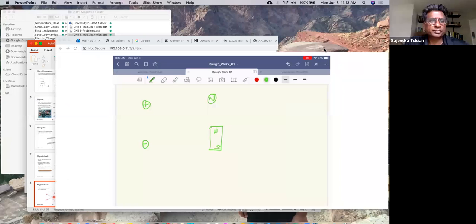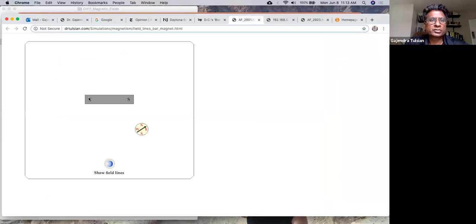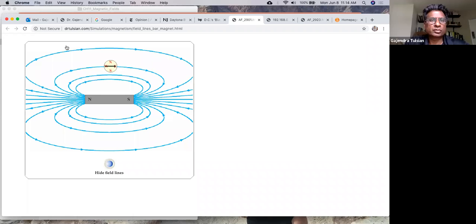Okay. And if I bring the compass over here, the north pole attracts the south pole, and the south pole attracts the north pole. Okay. So anyway, if you use this compass and went around, you could trace these field lines. So here's the magnetic field around this bar magnet. And you can see that the magnetic field strength is strong near the poles and weaker elsewhere.